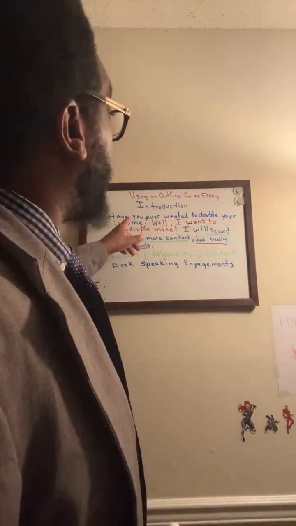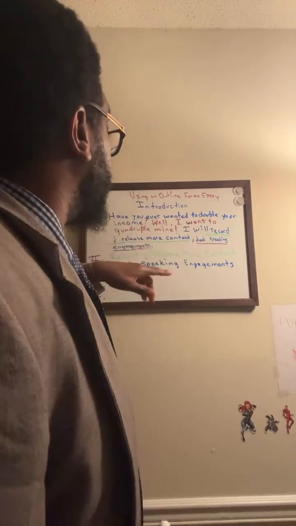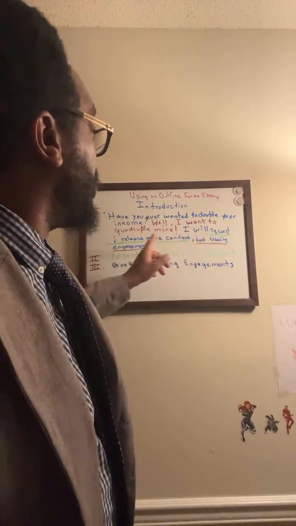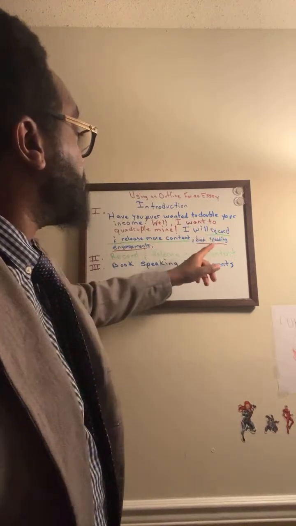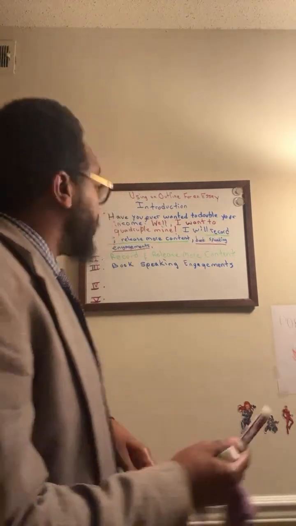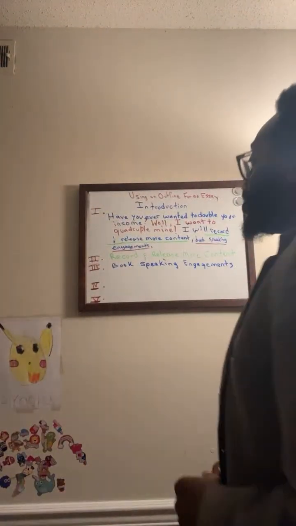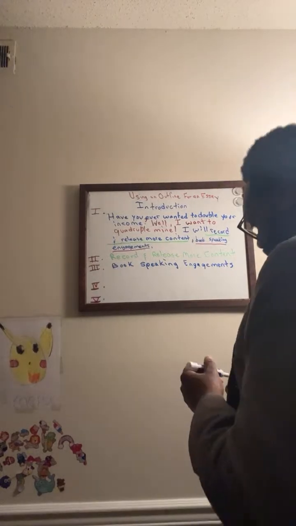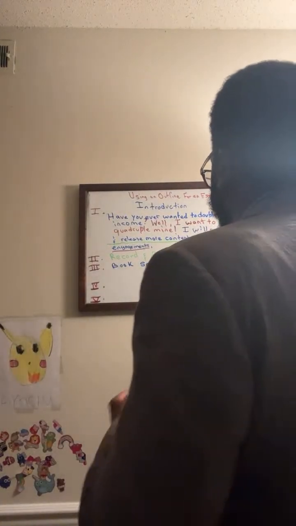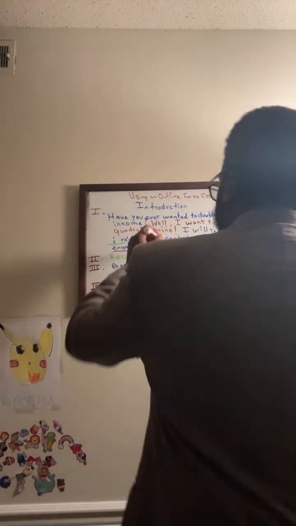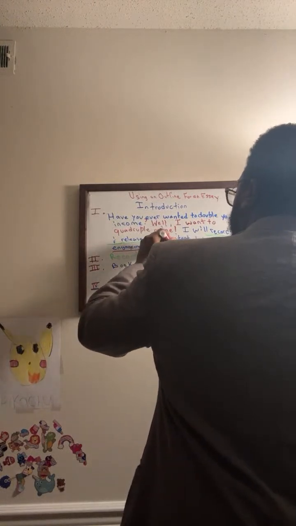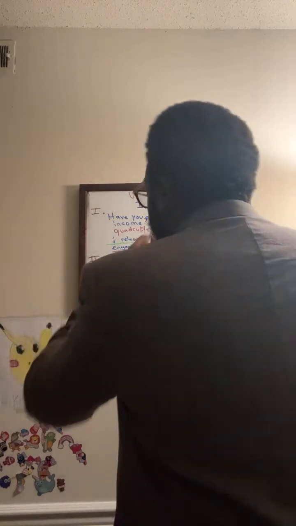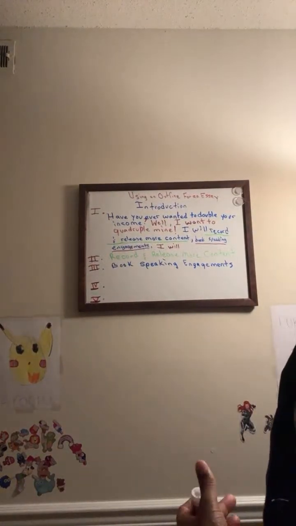All right. So far I have: you ever wanted to double your income? Well, I want to quadruple mine. I will record and release more content, book speaking engagements. And one more thing that I can use to actually quadruple my income. I will, let me see, what else can I do to quadruple my income?